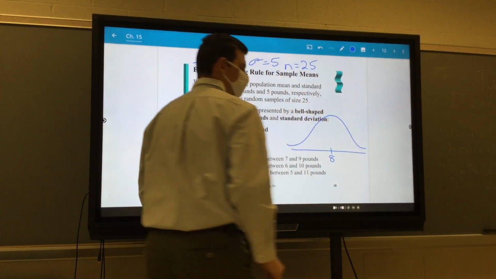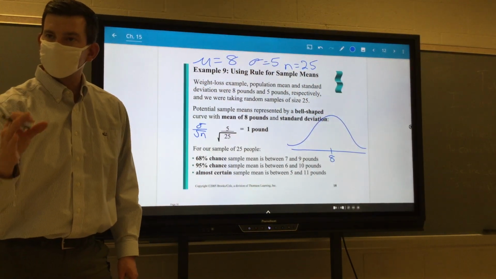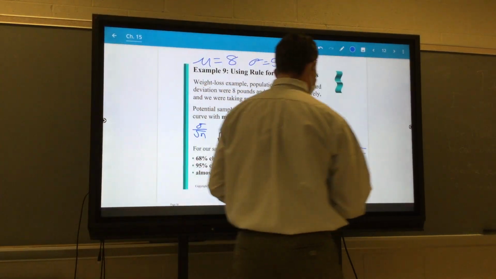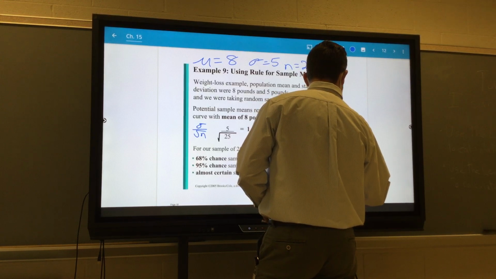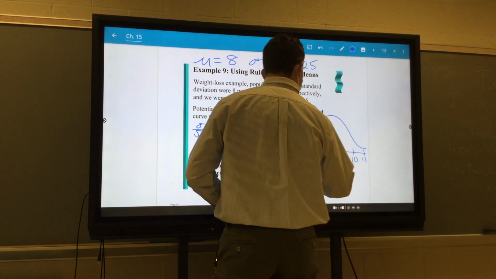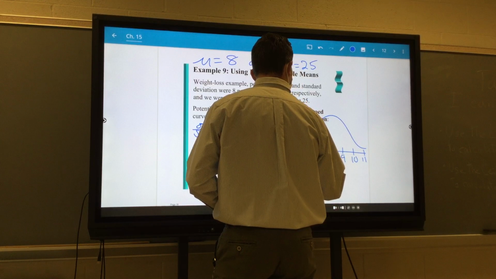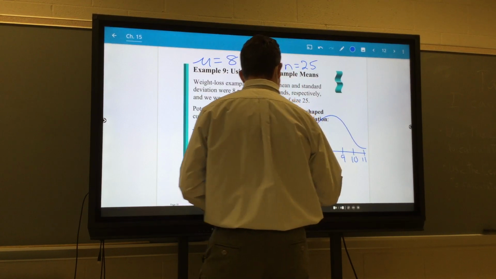We have our 8-pound population mean right there at the center. That doesn't change. But the new standard deviation: 9, 10, 11. We're going to the left, 7, 6, 5.